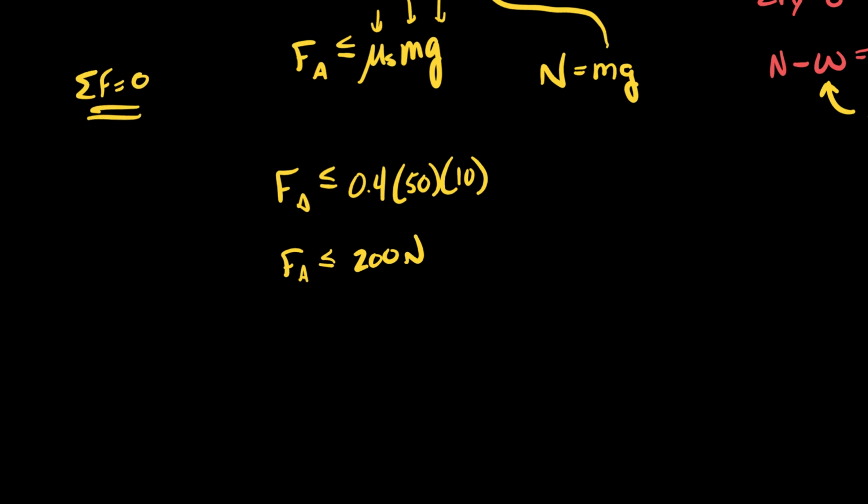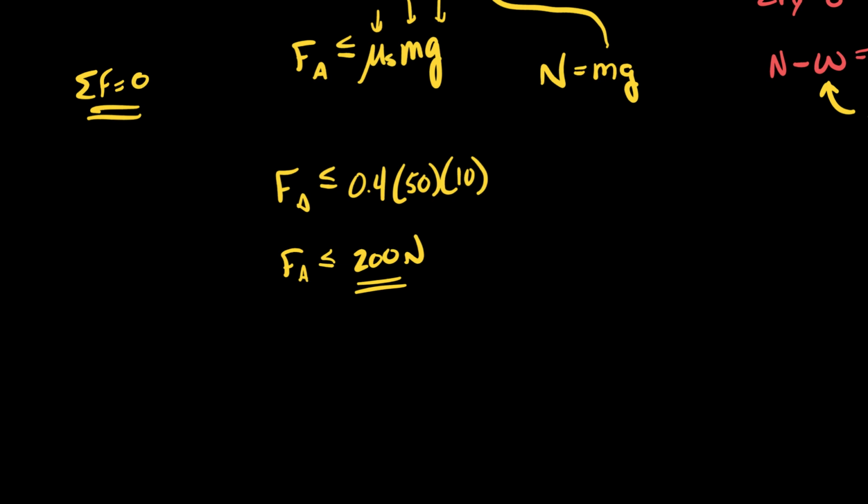This says that if I want the forces to remain balanced, I need my force to stay less than or equal to 200. So if I push on the box with 200 newtons or less, the box doesn't move. That's what it says. So how would I answer the question? The applied force, you need to apply more than 200 newtons. That's how you'd answer the question.